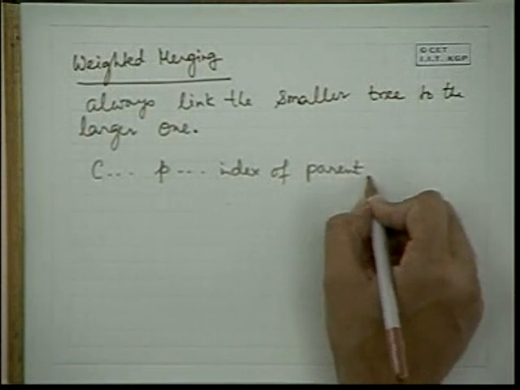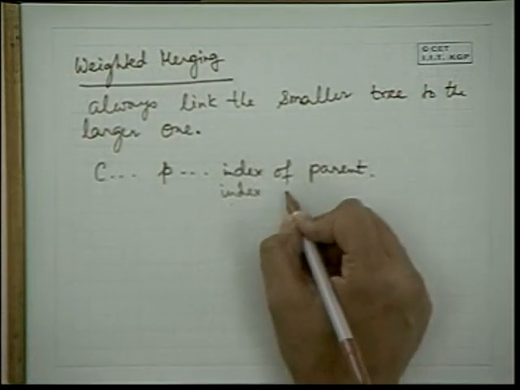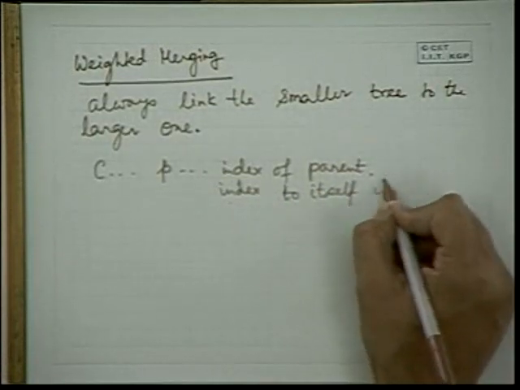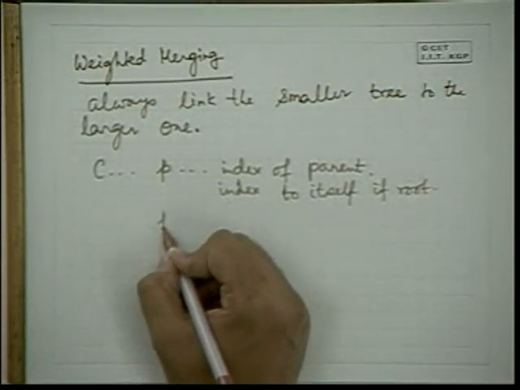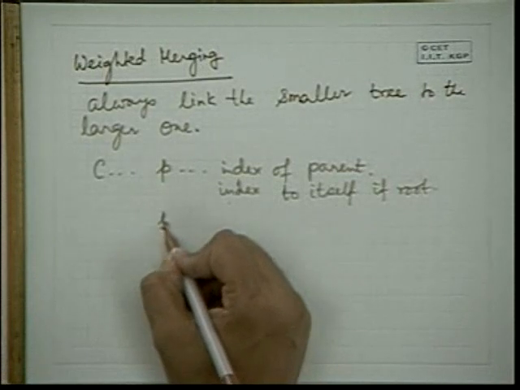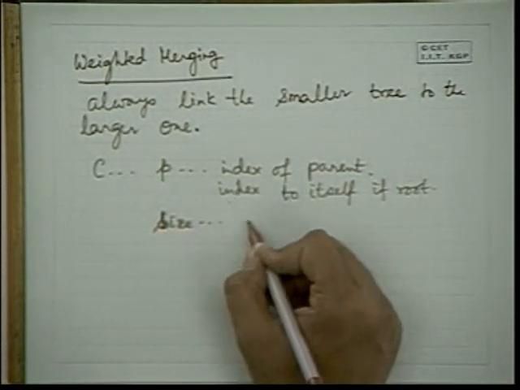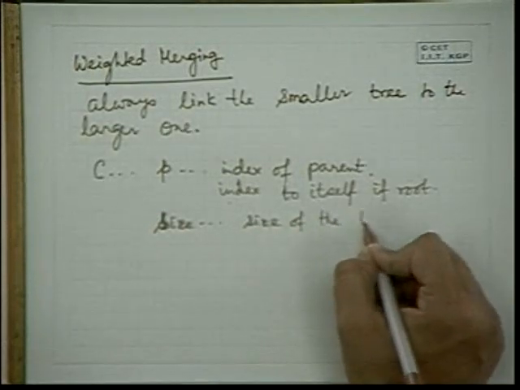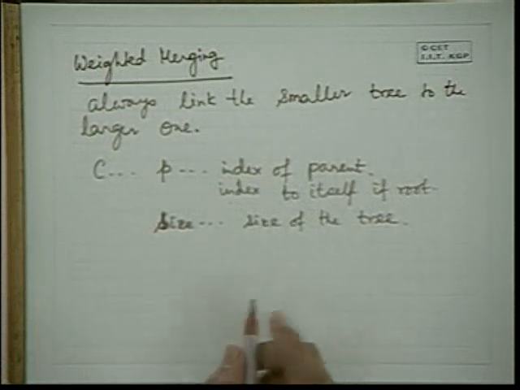So, index of parent or index to itself if root. And again we maintain another variable, size of the tree. Initially you can maintain it as 1, all the elements have size only a single 1.